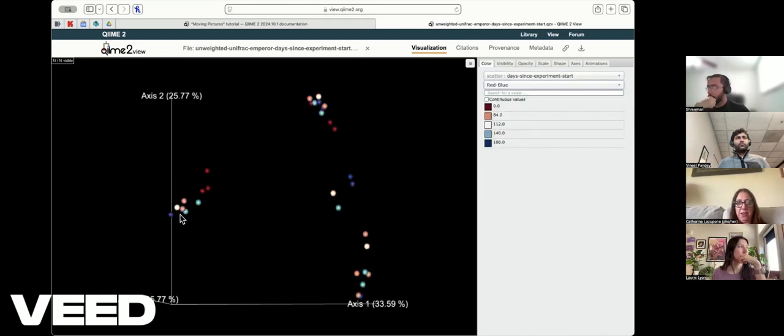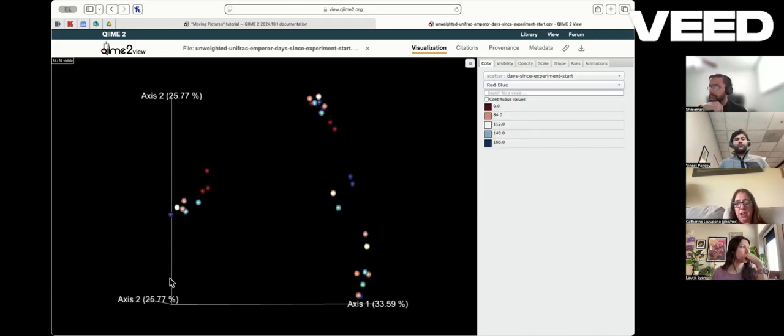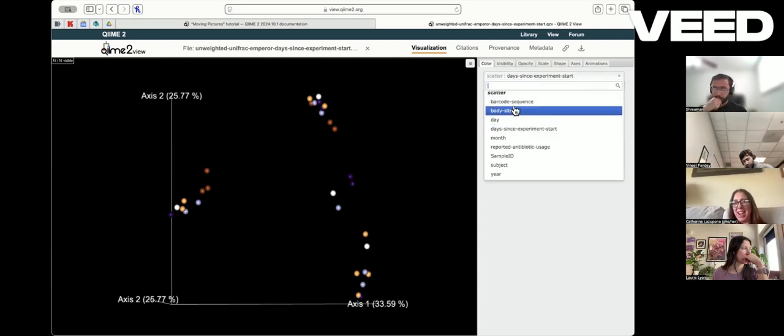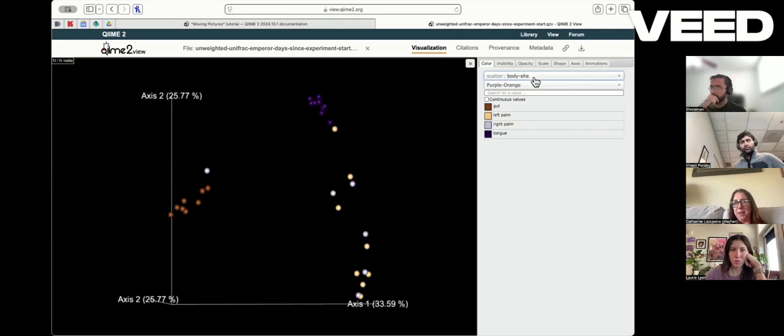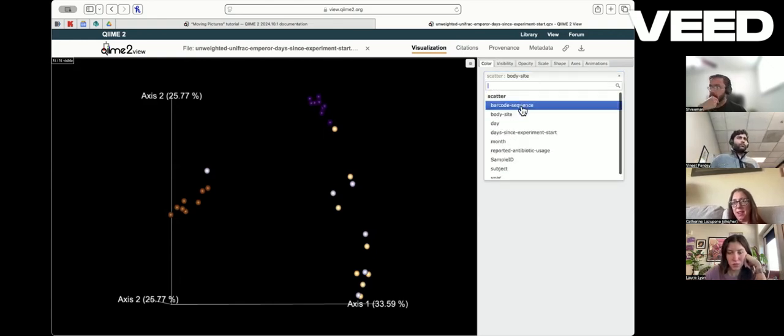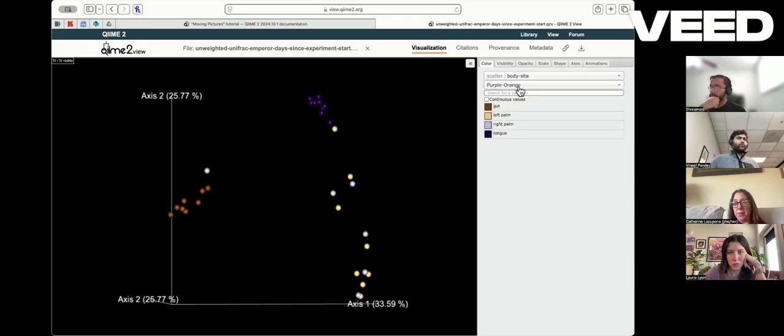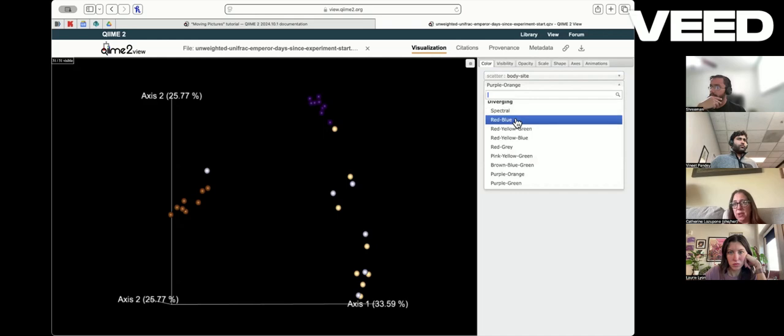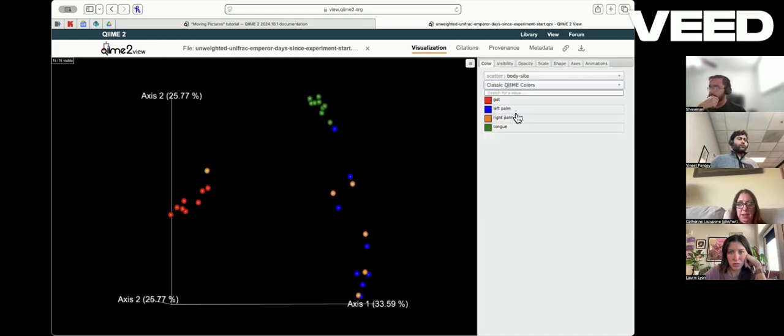You can see there was some shifting over time because I've colored it across a spectrum. When I teach this in class, I show them you can choose a metadata category, and whether you want a gradient or non-gradient color.